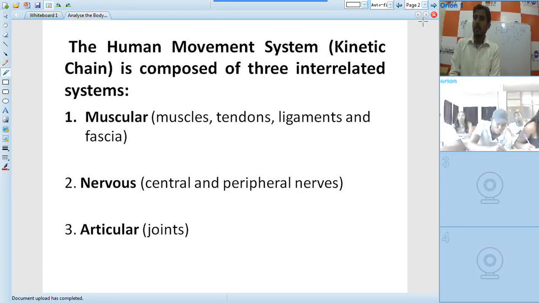The movement system or the kinetic chain of a human body is mainly composed of three interrelated systems. The first one is muscular, like muscles, tendons, ligaments, and the fascias, then nervous, and the articular.